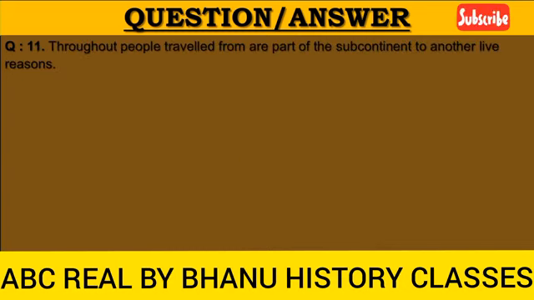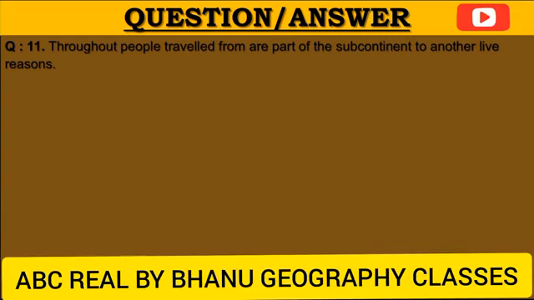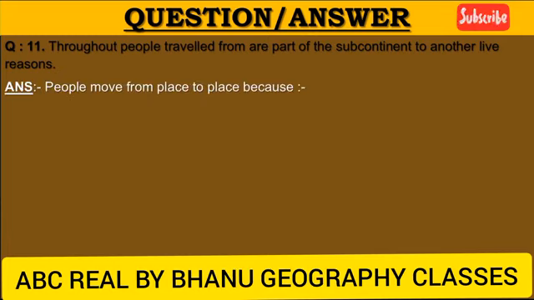Question number 11: Do people travel from one part of the subcontinent to another? Give reasons. Answer of this question is: people move from place to place because people moved in search of food.